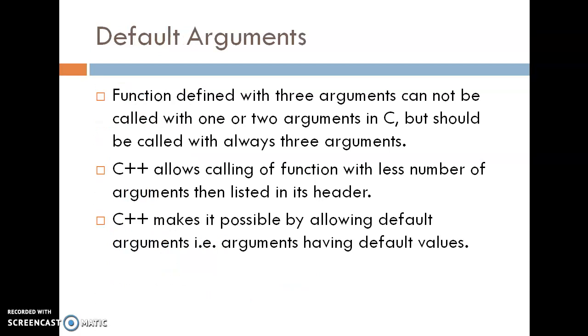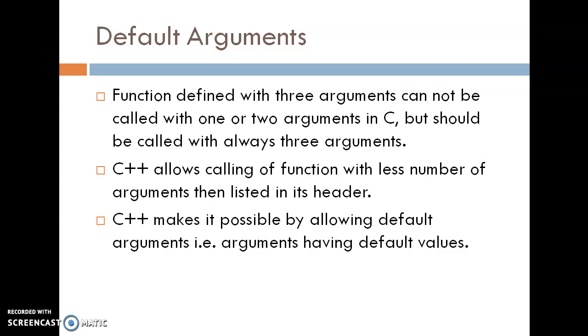Default argument. Now in C language, if we define the function with 3 arguments and we call that function with 1 or 2 arguments, then it is a compiler error. So C doesn't allow calling the function with a lesser number of arguments. But C++ allows calling a function with fewer arguments than listed in the function header.